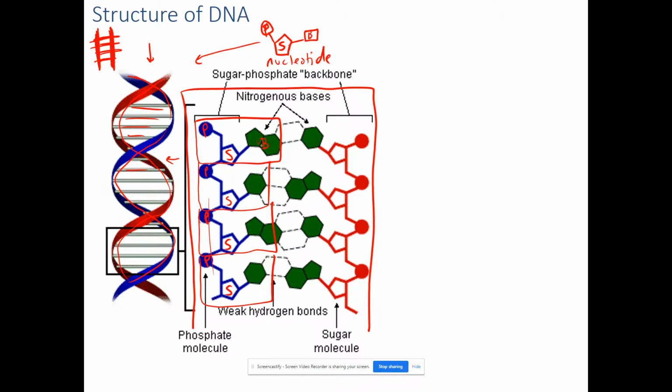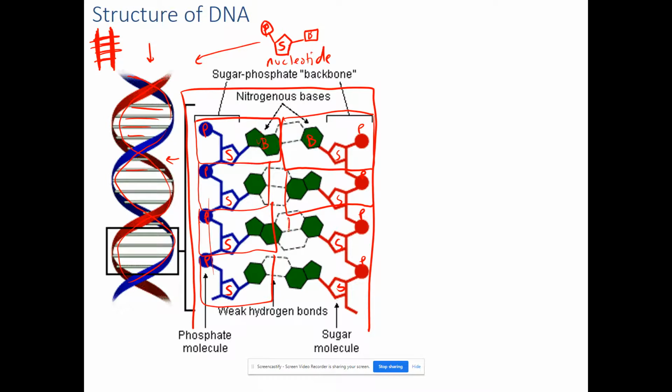So we have a base here, and then it is connected to the base of this nucleotide on the other side, okay? And then on this other side, I have red, this is a bad choice here, but we have a phosphate and a sugar, a phosphate and a sugar, a phosphate and a sugar, a phosphate and a sugar. Remember, these are more nucleotides.